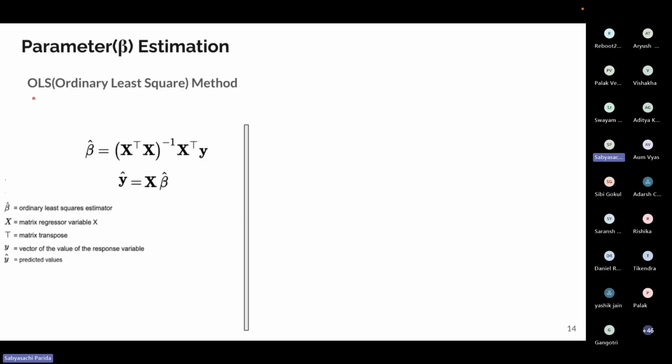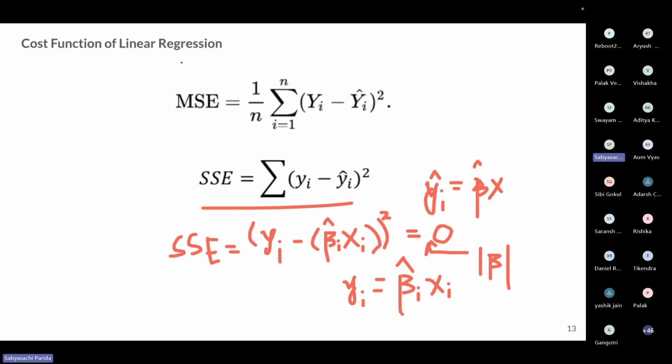If I solve that particular equation, it comes out this way: beta cap is equal to x transpose x whole inverse into x transpose y. It comes in the same way: beta cap is y into x inverse, right?